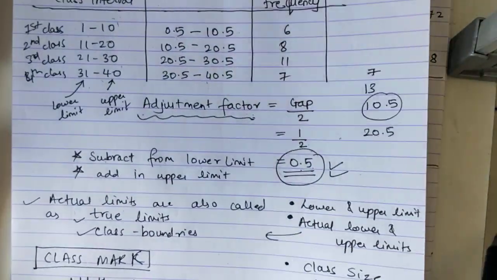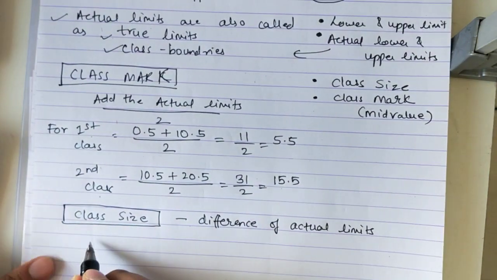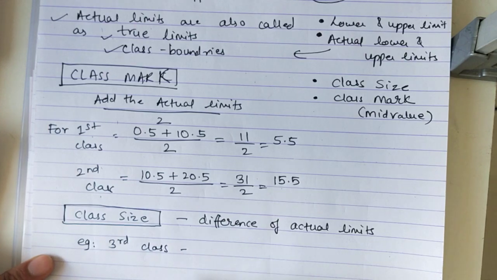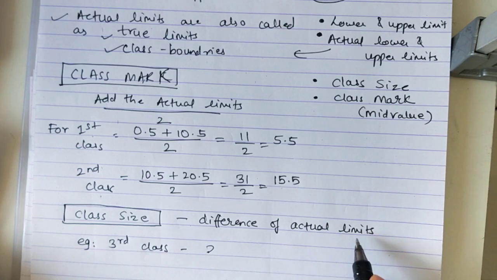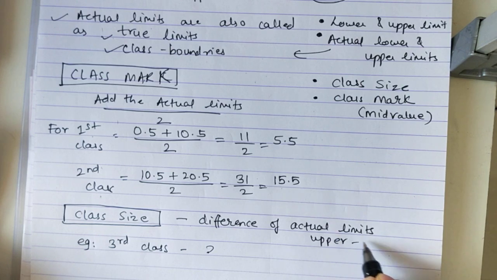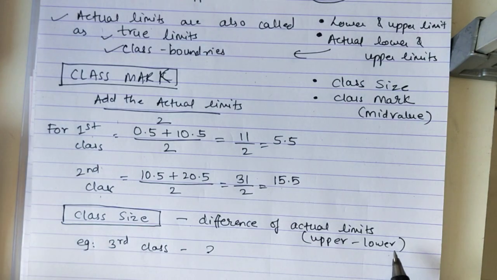So the class size is the difference between the actual limits, upper minus lower, because the upper limit is more than the lower limit.